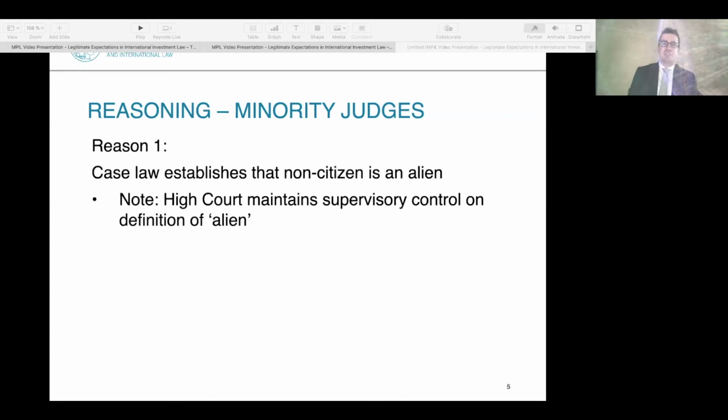And the minority judges said, yes, we're entirely comfortable with that. The only thing that the High Court should do is somehow maintain some type of supervisory control on the meaning of the word alien, to make sure that the federal parliament doesn't say that anything in this world is an alien.